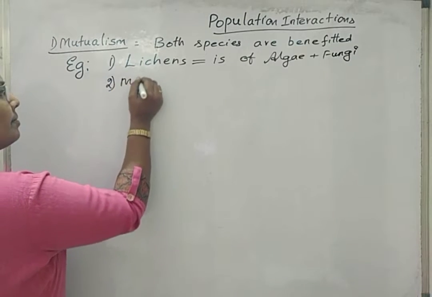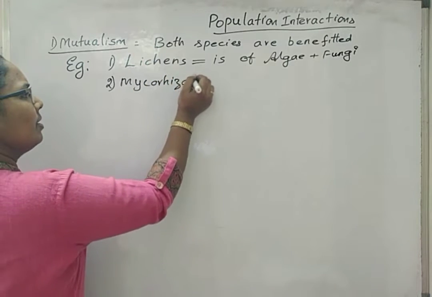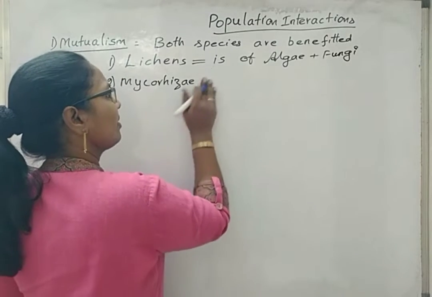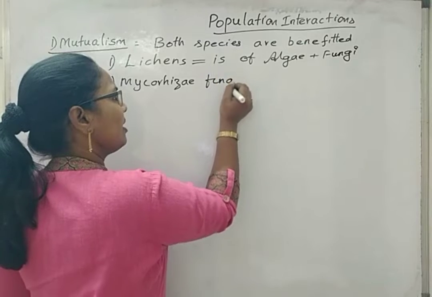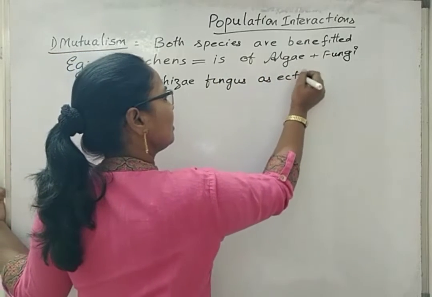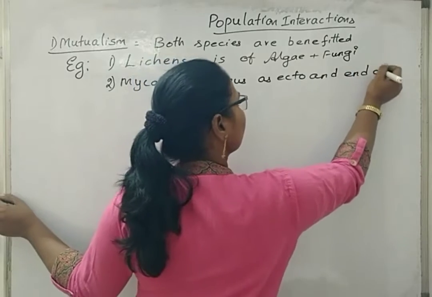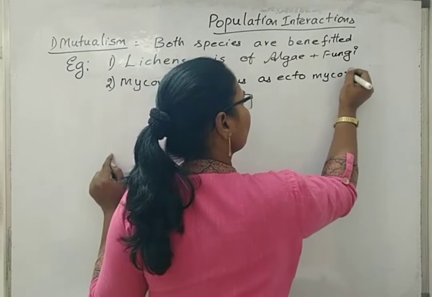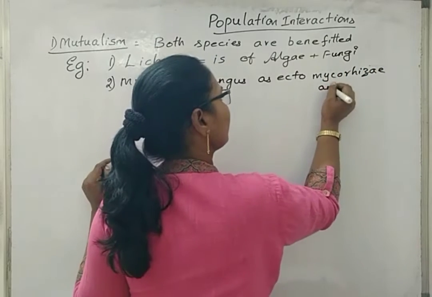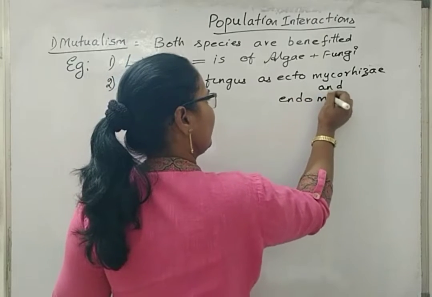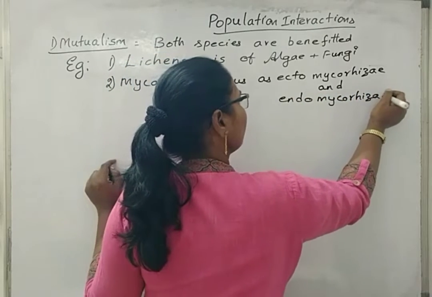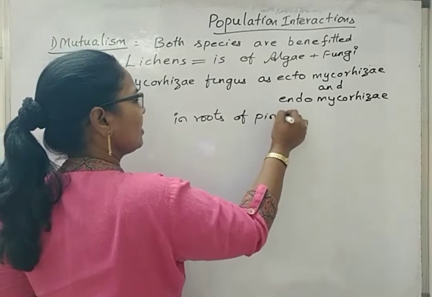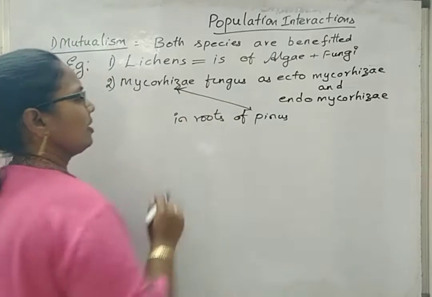Second example is mycorrhizae, which exists as ectomycorrhizae and endomycorrhizae in the roots of pinus. How do both support each other?